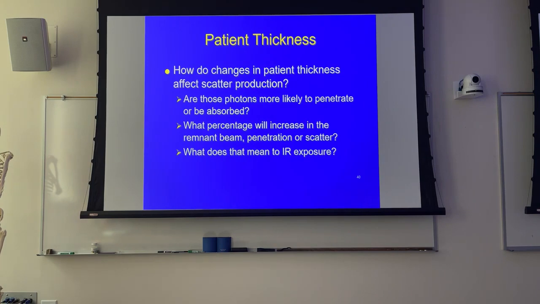Well, maybe, right? So if you have a hypersthenic patient versus an asthenic patient, you're going to have to increase something to get the same exposure to the image receptor, and that something, for now, is always, say it with me, mass, right? If you don't, then your image receptor exposure is too low.